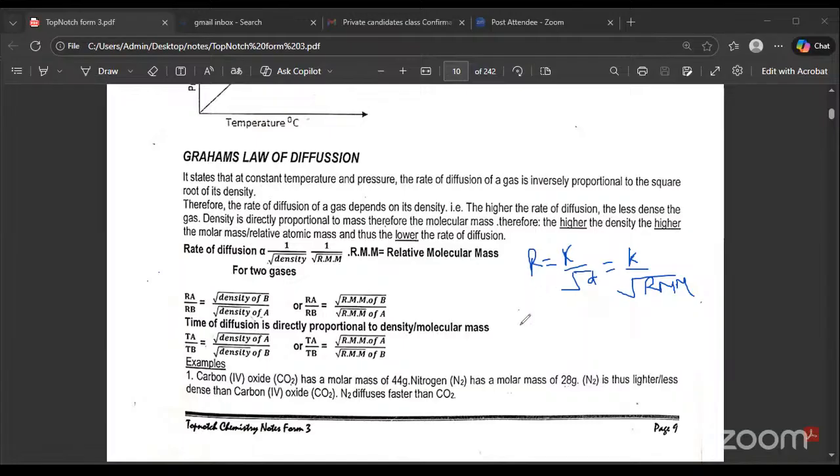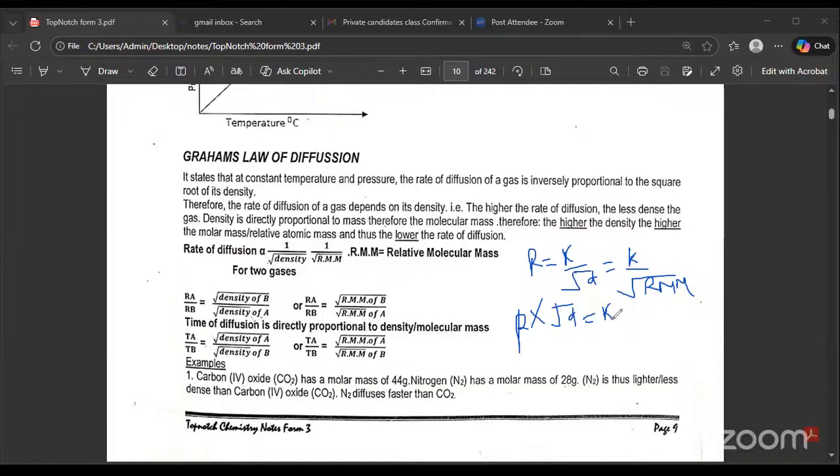So you get R, and then you multiply by the square root of the density, which is equal to K, our constant. I still repeat, K is the constant. So don't forget that one.